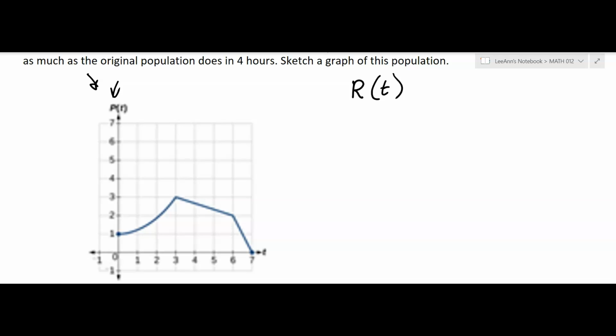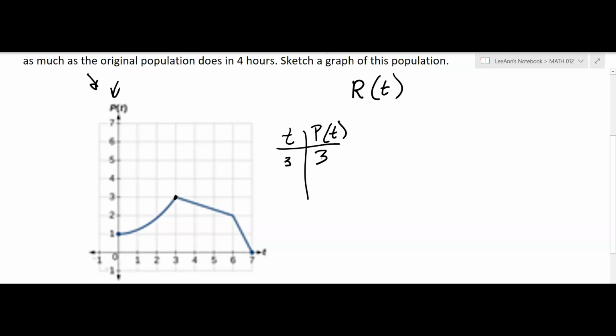There's my population. All right, let's think about this a little bit. Right here is a point 3, okay? And so when we have t being 3, I'll make a little table of values here. When t is 3, the population is 3, it looks like, okay?